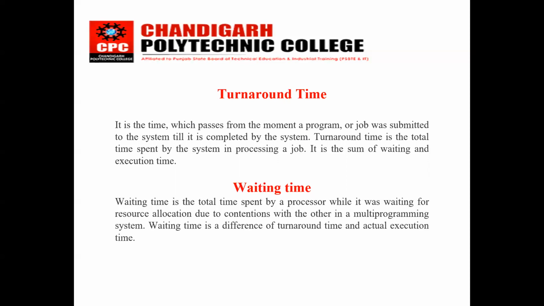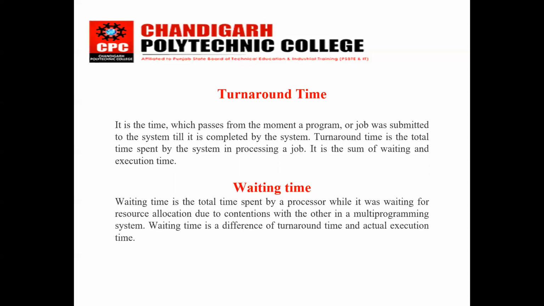Now what is waiting time? Waiting time is the total time spent by a process while it was waiting for resource allocation due to contention with others in a multiprogramming system.